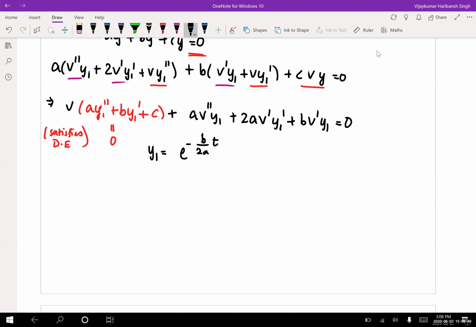So your y1 prime is going to be minus b by 2a times e to the power minus b by 2a t, right? So now let's substitute this in the remaining part of the equation here.